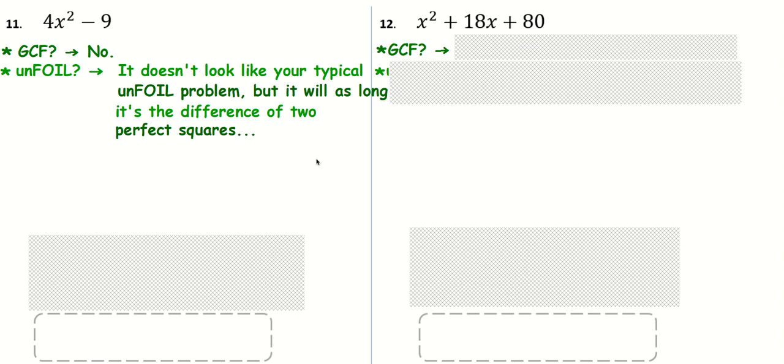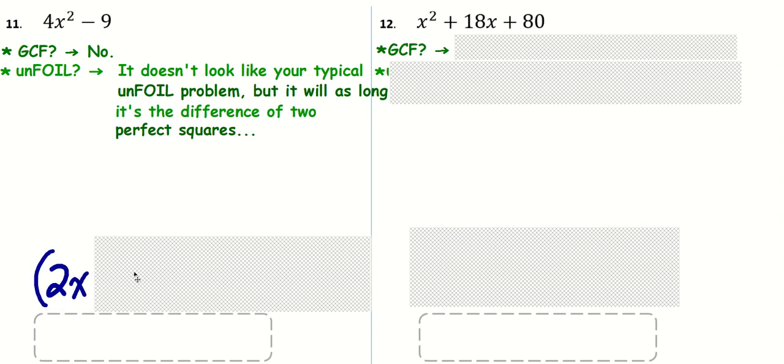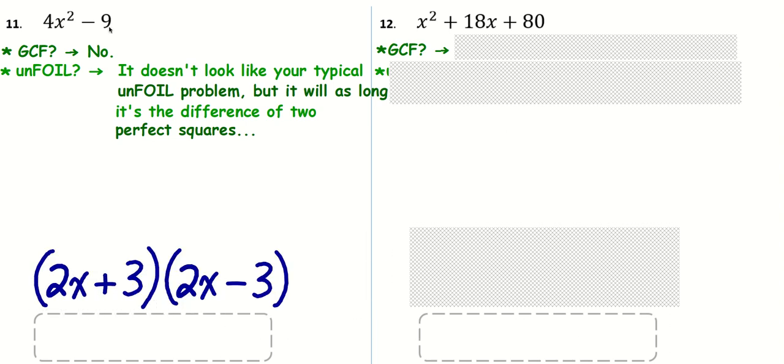As long as it's the difference of 2 perfect squares, which it is. 4x squared is a perfect square, and 9 is a perfect square. The square root of 4x squared is 2x, because 2 times 2 is 4, and x times x is x squared. And then to finish the bubbles, along with the plus and the minus, the square root of 9 is 3.